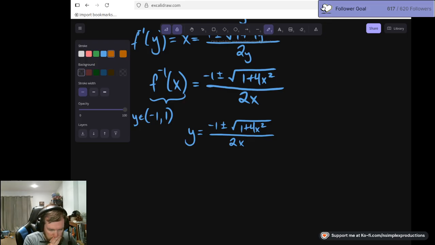So this is saying that. Note that square root of 1 plus 4x squared must be strictly greater than 2 absolute value of x, which is square root of 4x squared.